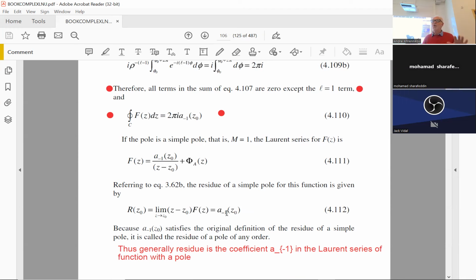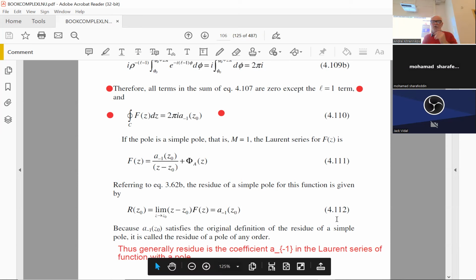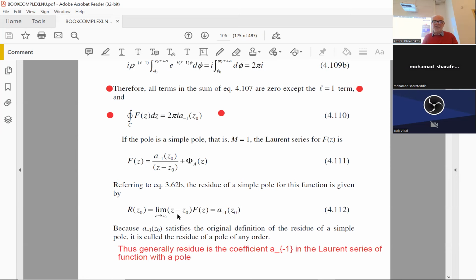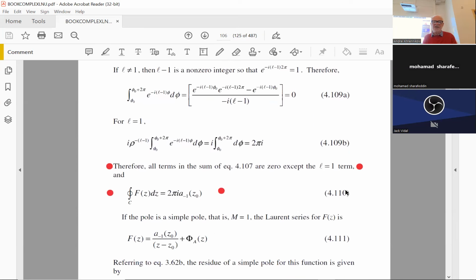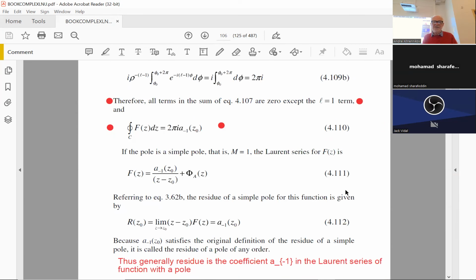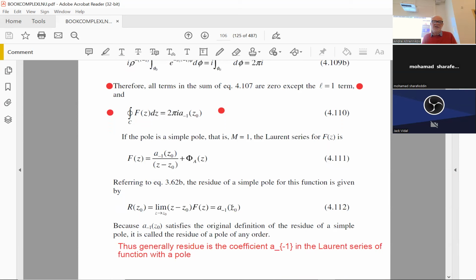This is an important point, because we define the residue in 2 steps, which is pedagogically maybe not good, but it's the line to present your knowledge by portions. First, we considered the pole of degree 1 and determined the residue by formula 4.112. So it was the definition before. But if you multiply our function f(z) by z minus z0, we will get this answer for the pole of degree 1, and we get this coefficient.